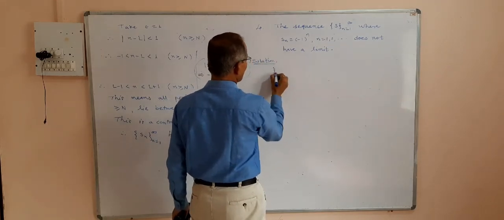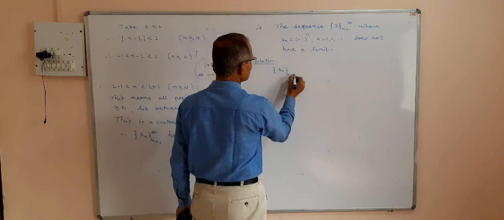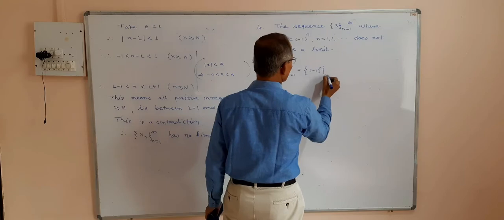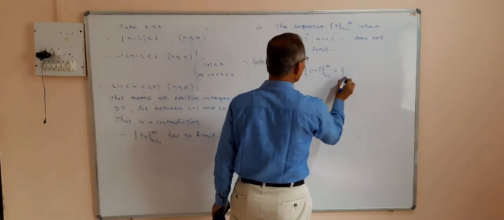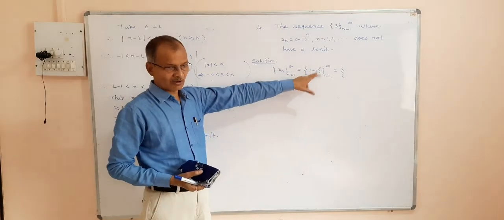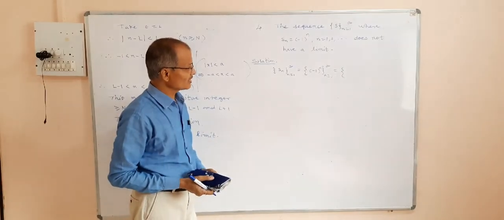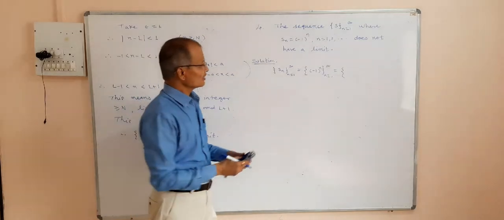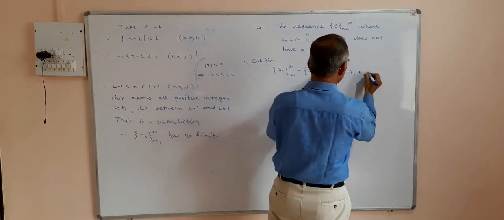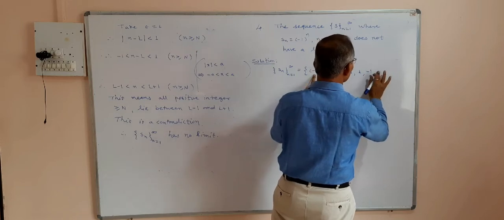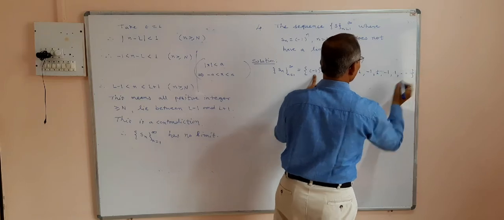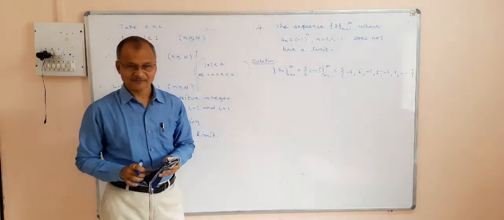Here the sequence Sn is minus 1 to the power n, n from 1 to infinity, and you see the positive power of minus 1 is either minus 1 or plus 1 according as the power is odd or even. Minus 1 raised to 1 is minus 1, minus 1 raised to 2 is 1. So the terms become alternately plus 1, minus 1, etc. And what is the limit of this sequence?